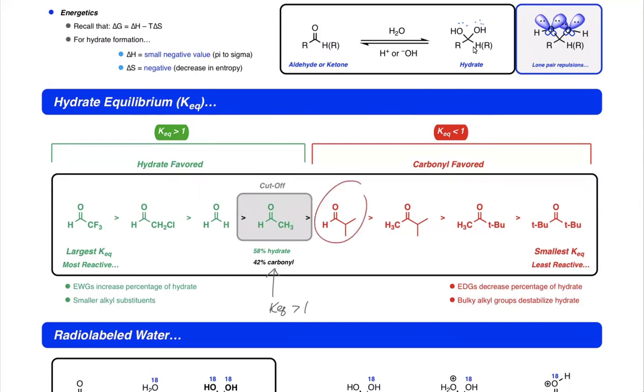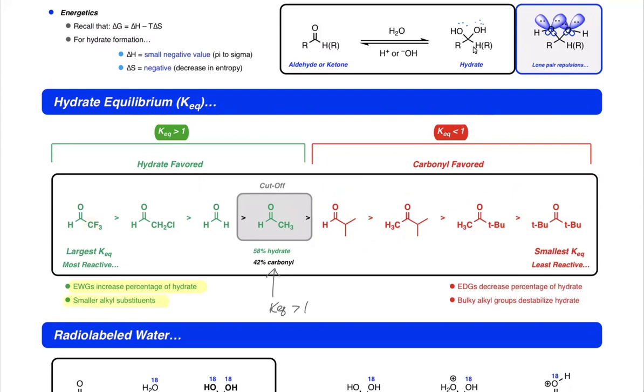Then anything less reactive than our cutoff point of acetaldehyde would have a KEQ less than 1, a small value. The least reactive carbonyl has the smallest KEQ, and the most reactive carbonyl will have the largest KEQ. What this means is that the presence of electron-withdrawing groups can help to increase the percentage of hydrate at equilibrium.